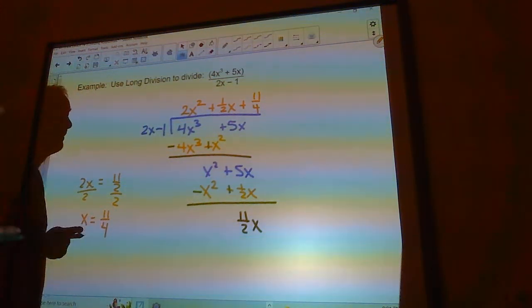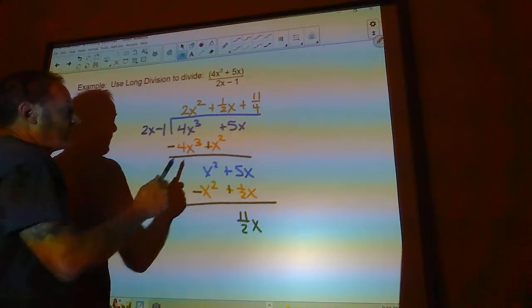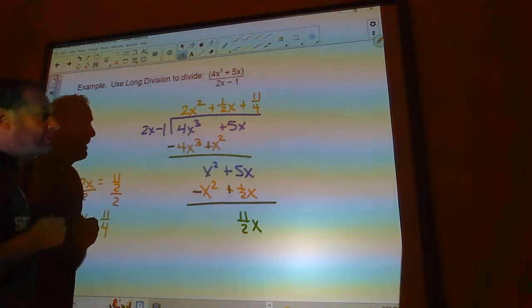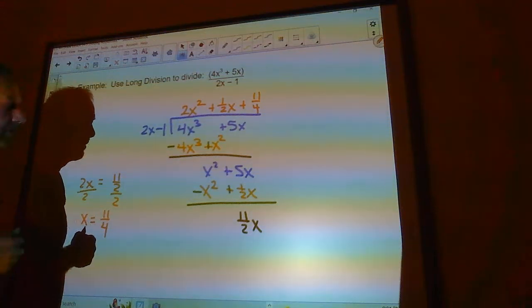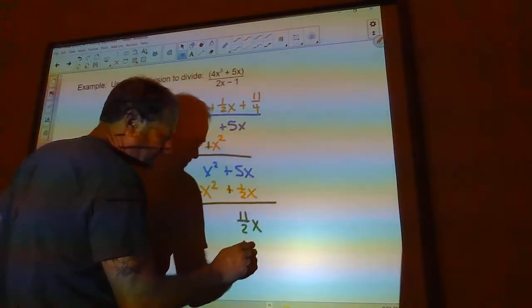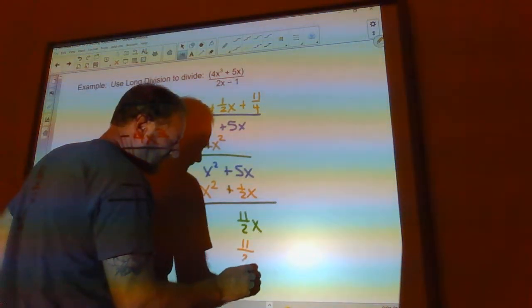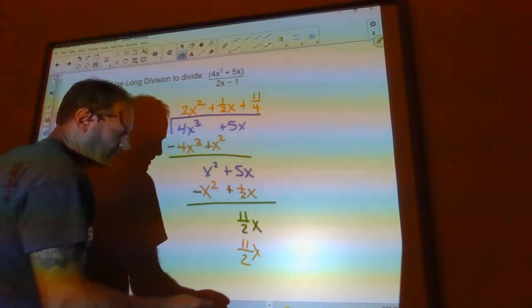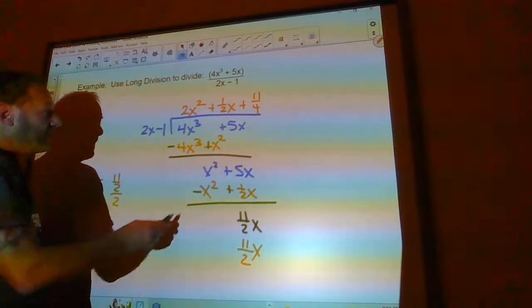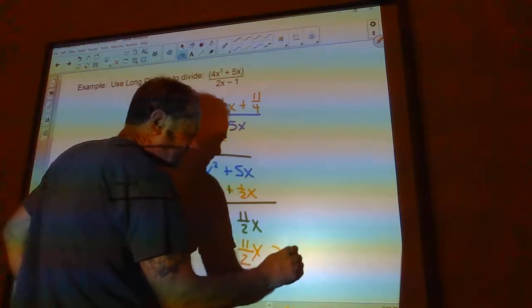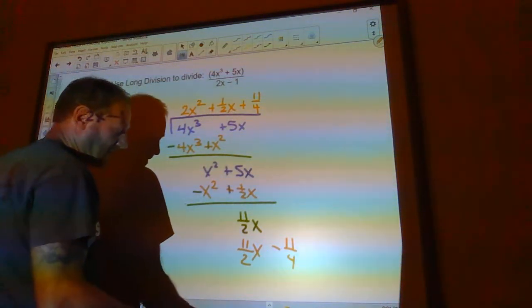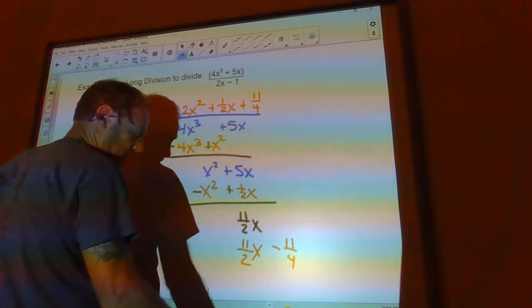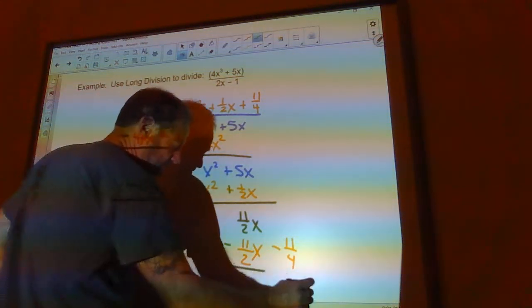This one turned out to be kind of a nasty one. Okay, 11/4 times 2, that's 22 over 4x, which 22 over 4 reduces to 11/2 x. Okay, and then this would be minus 11/4 right here. And I'm going to go ahead and subtract that. So I'm going to subtract this.